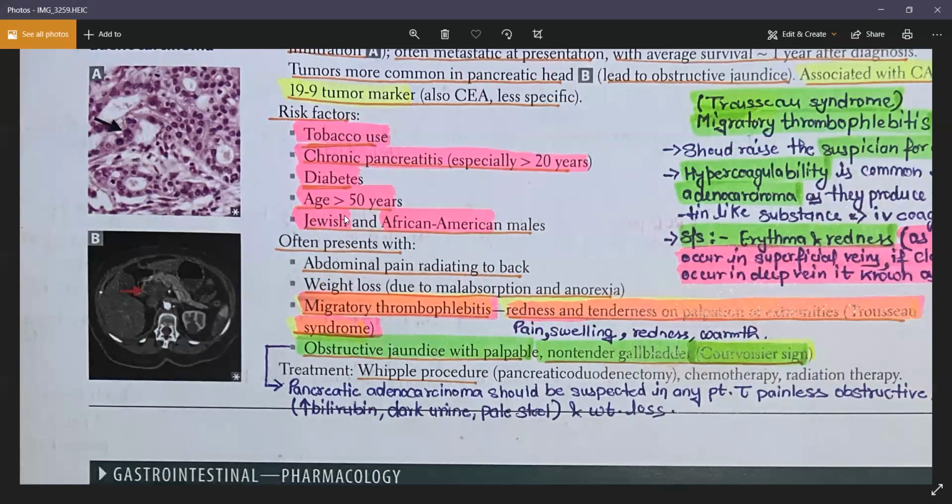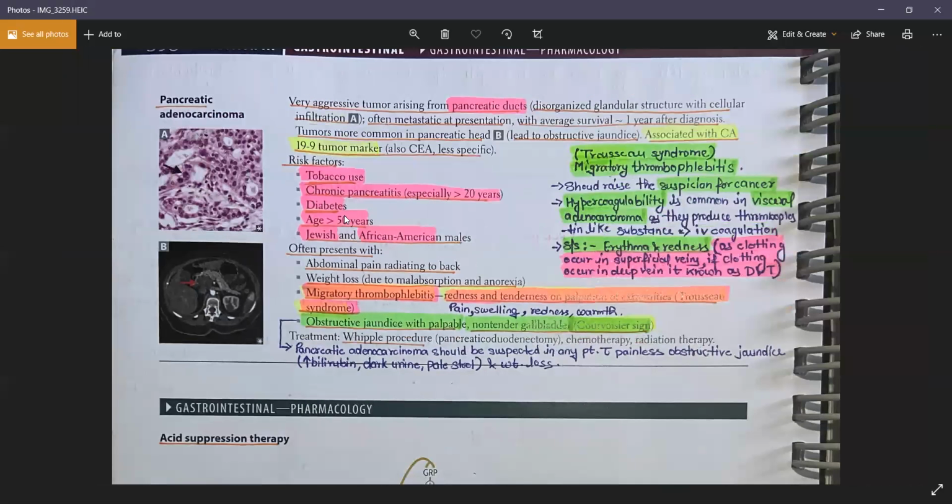So a high N/C ratio, glandular structures, and a disorganized architecture of the pancreas will make you think about pancreatic adenocarcinoma. It is often metastatic at presentation, and the survival is very poor. After diagnosis, the patient often does not survive even one year.